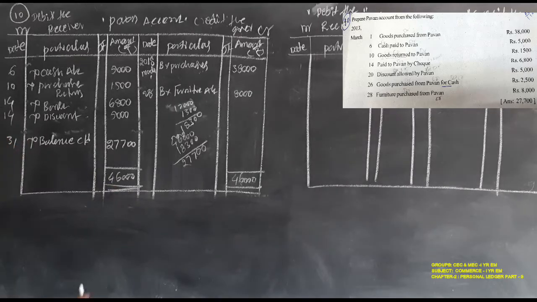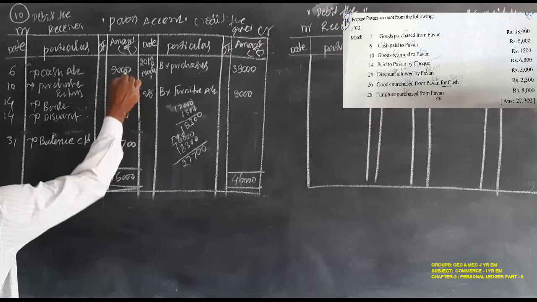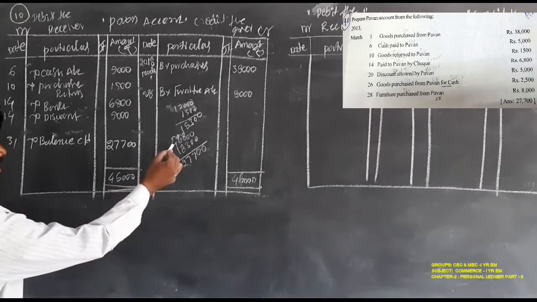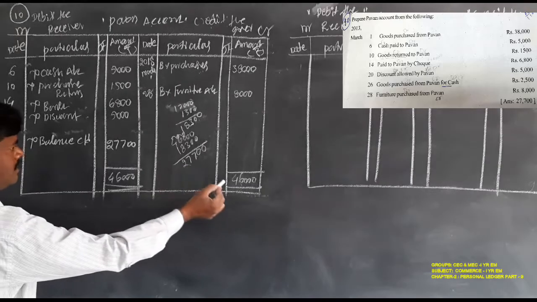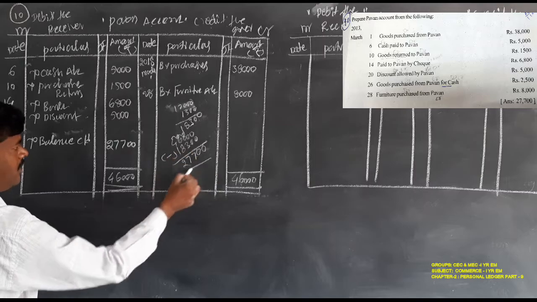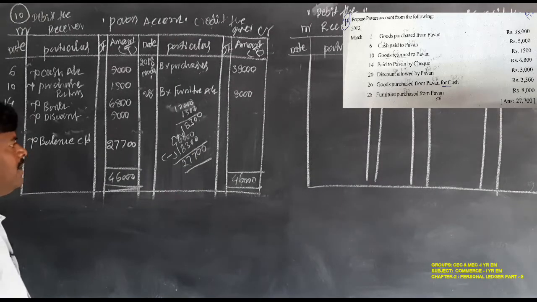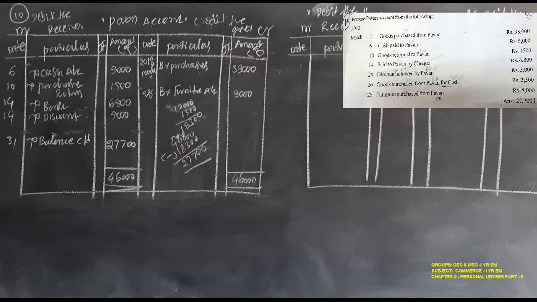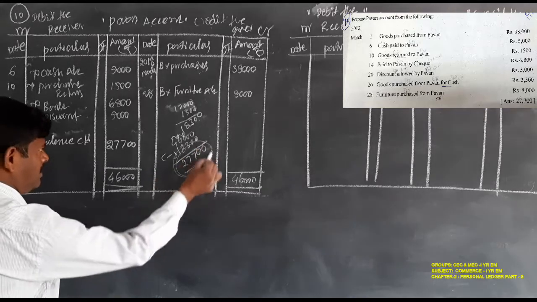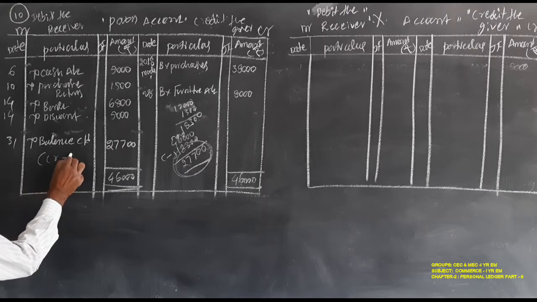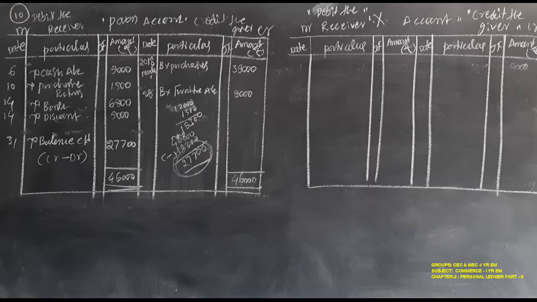Debit side, total the debit transactions amount, total amount is 18,300. 18,300 is the lowest amount, highest amount is 46,000. 46,000 minus 18,300, we get the balance 27,700 rupees. So the lowest amount is on the debit side, so the balance is also recorded on the debit side to balance carried on. It is nothing but credit minus debit total. This is the problem number 10.